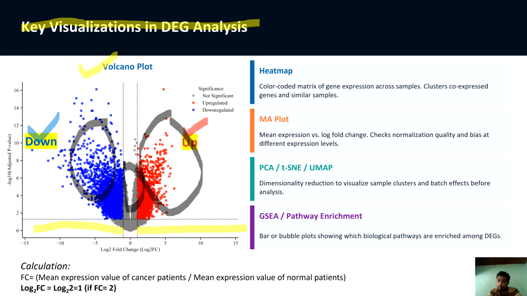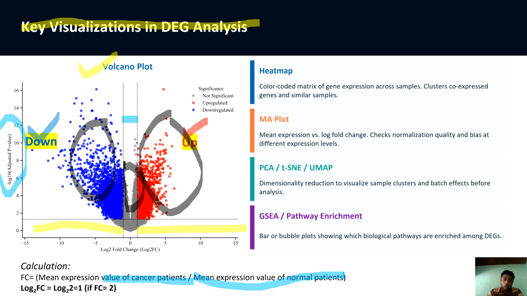We are taking it like that, and between -1 and 1, these genes are insignificant genes. Here, the negative log10 adjusted p-value is on the y-axis for statistical significance. And for the FC, it is the mean expression value of cancer patients divided by the mean expression value of normal patients.